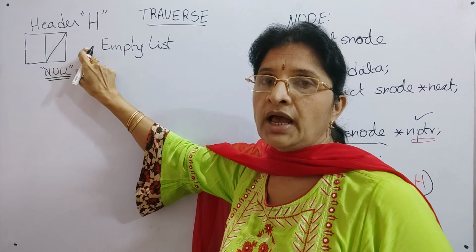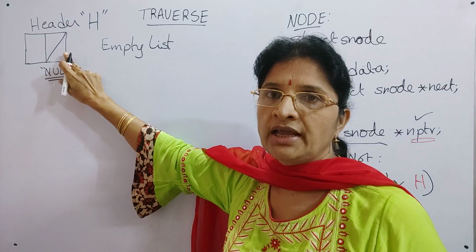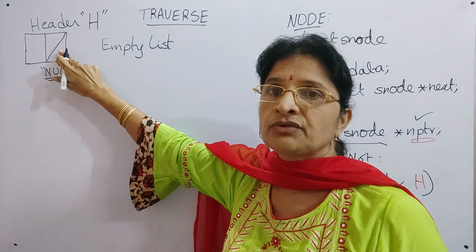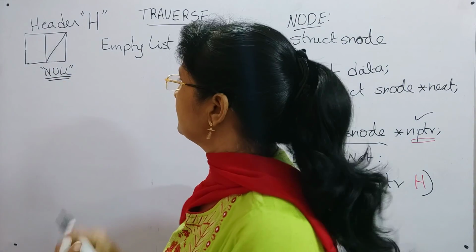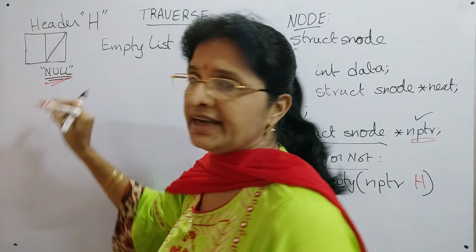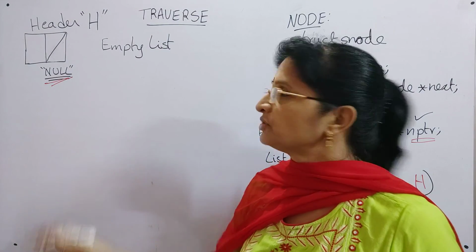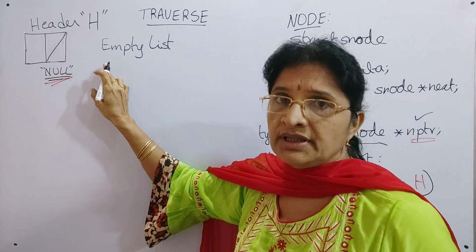In the previous session I explained how to create the header node. There we created the header node, and for the header node's next we assigned null, because we don't have any node here.